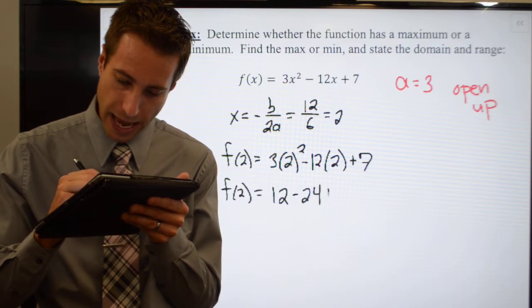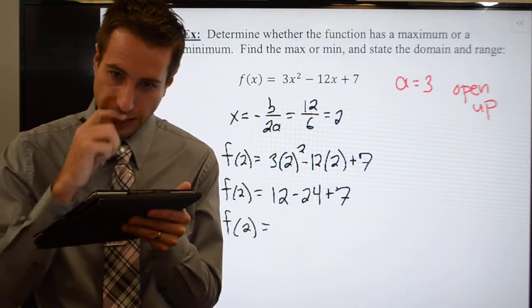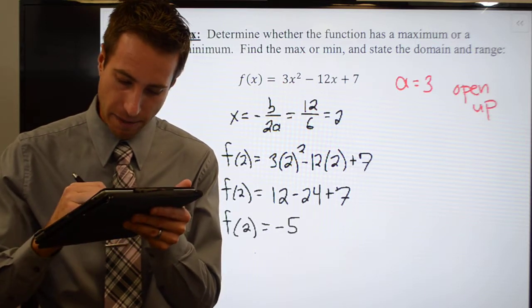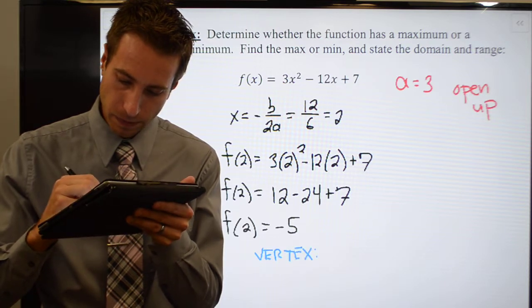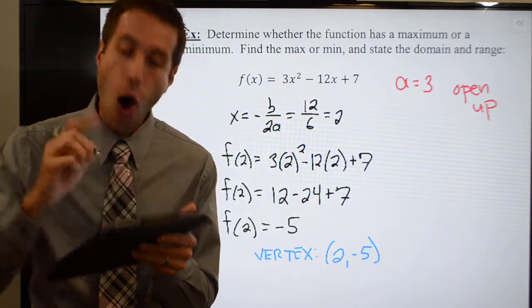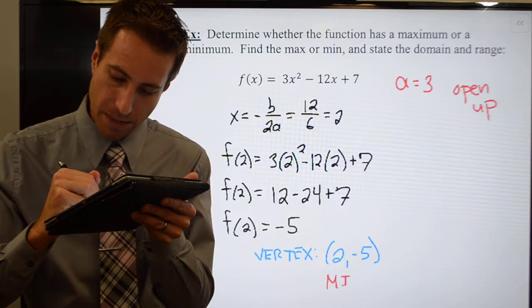We're going to add 7. Don't fat finger something on your calculator, and you should come up with a -5. So that means that my vertex is at the point 2, -5, and we already discussed the fact that that is a minimum.